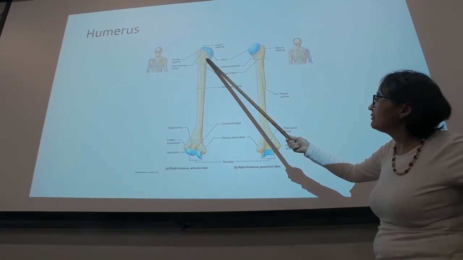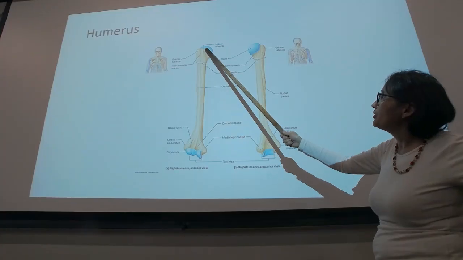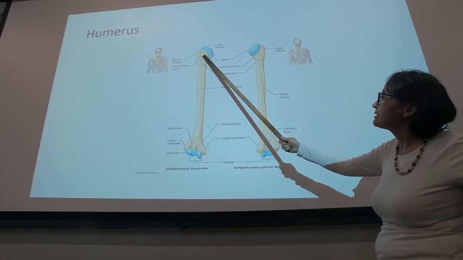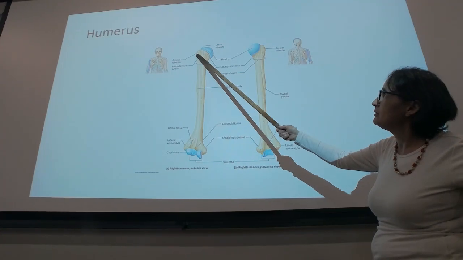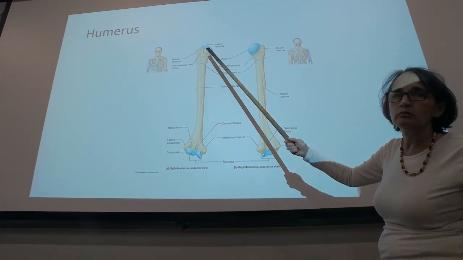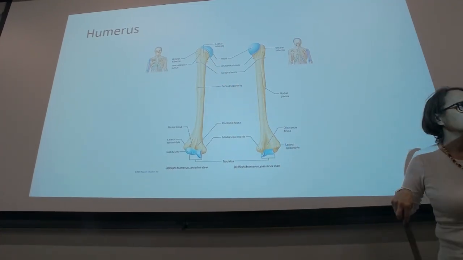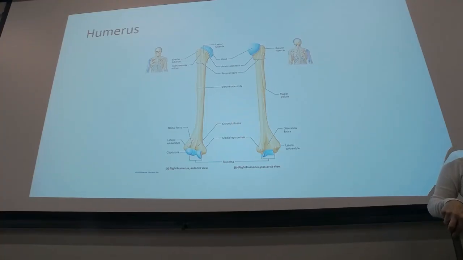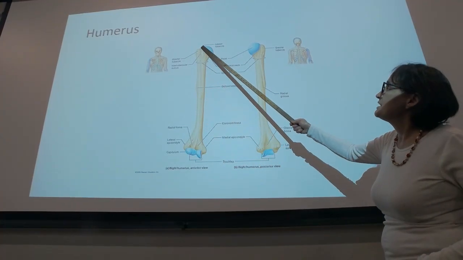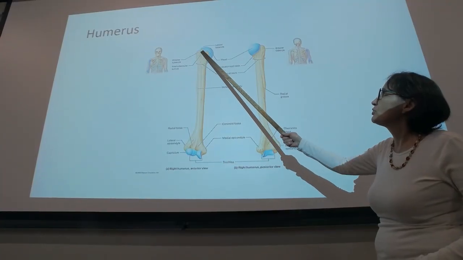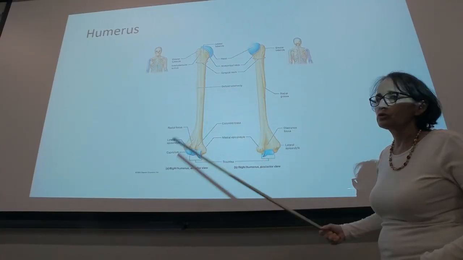And then in the anterior view, you can see two tubercles: the one that is lateral, which is the greater tubercle, and the one that is medial, which is the lesser tubercle. In between the two tubercles, there is a little groove. This is the intertubercular sulcus.